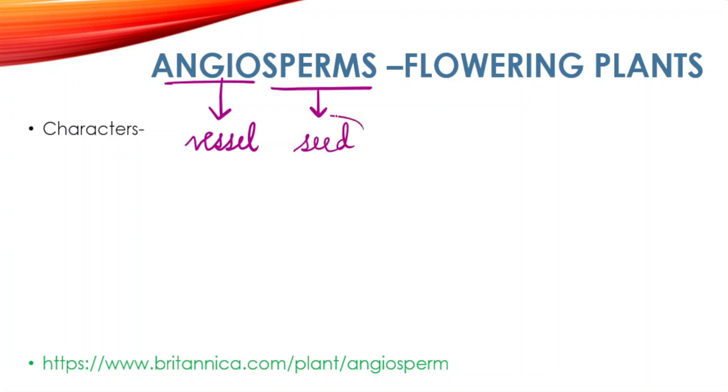The word sperm means seed. Very important, you should know this meaning. So angio means vessel and sperm means seed. And these are the largest flowering plants.